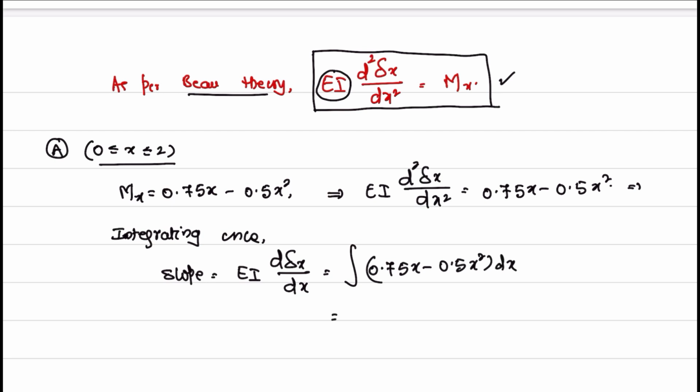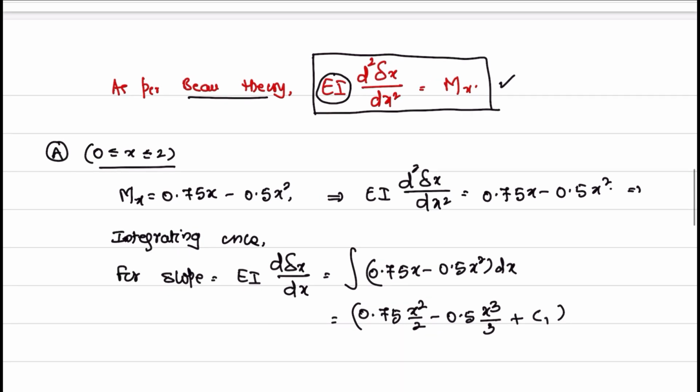This integration will be 0.75 x square by 2 minus 0.5 x cube by 3 plus integration constant C1.